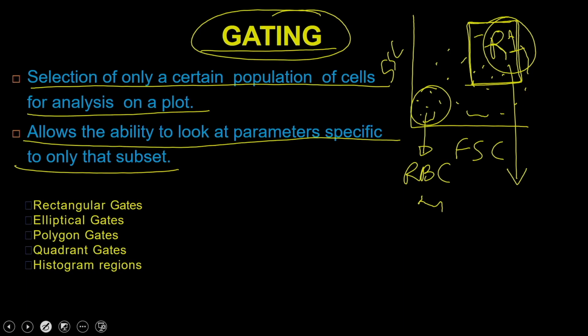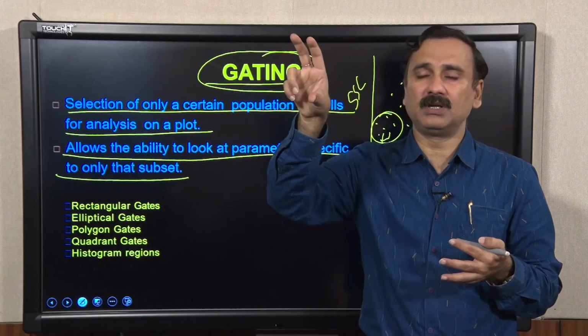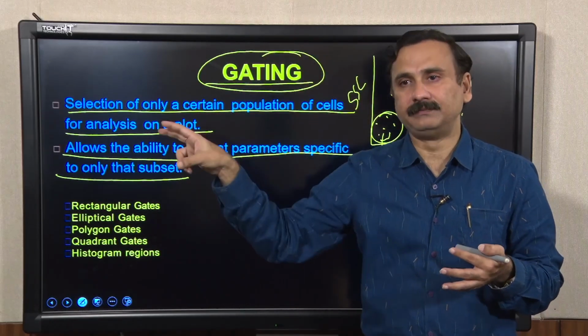It is going to keep collecting irrespective of how many counts it has collected from the sample. It will not stop until it has 10,000 counts in the R1 gate.